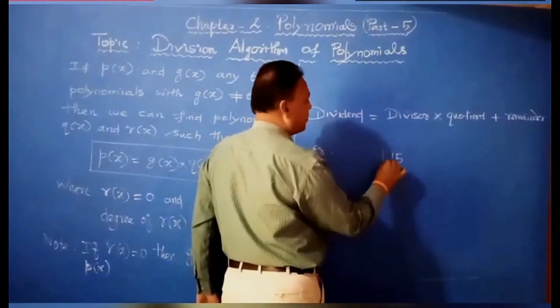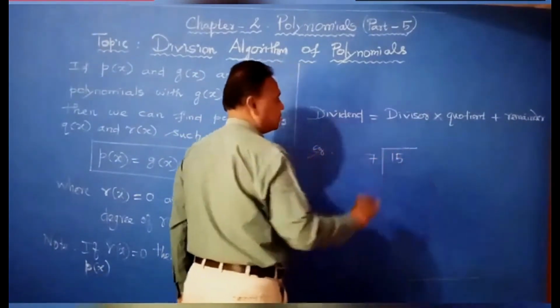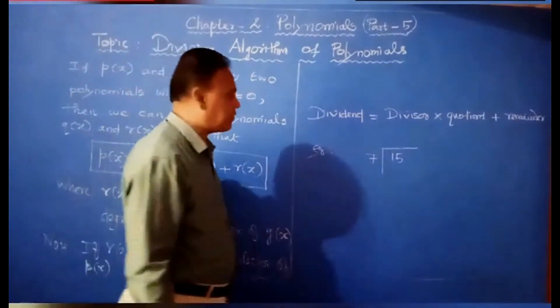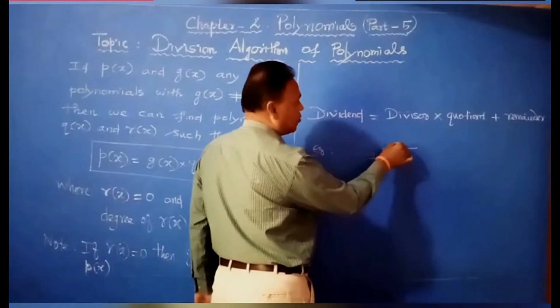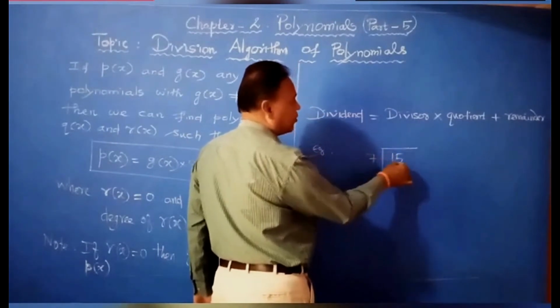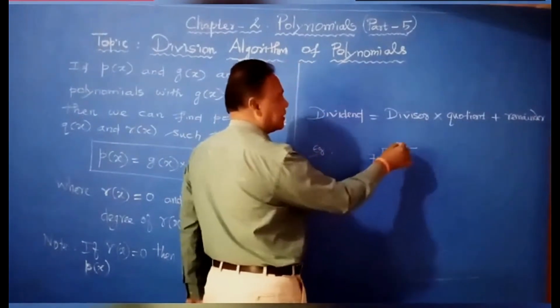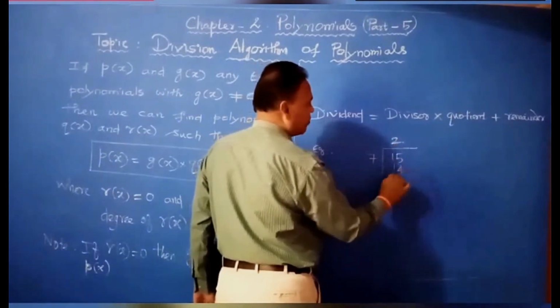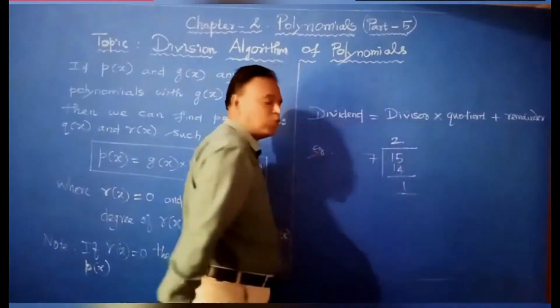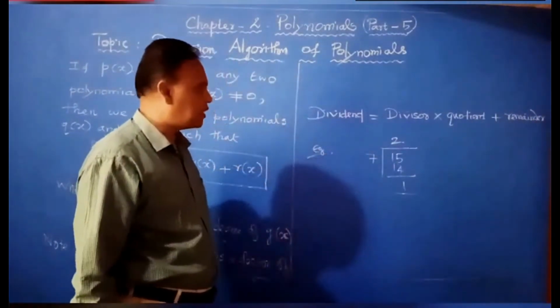15 divided by 7. 15 divided by 7, what you will get? What is the quotient? How many 7s are there in 15? 2. Quotient is 2. Right? 14. What is the remainder? 1. Remainder is 1.